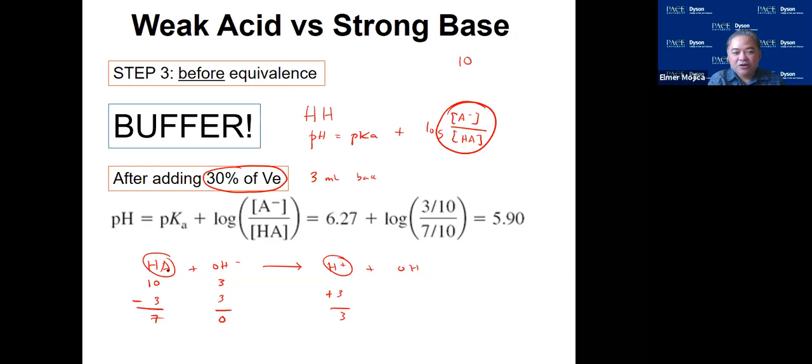Okay? Or we could say this is what? Your A minus. No, this is not an H plus. This should be an A minus. So that's an HA, and this is an A minus plus water. That's my mistake there. So if you're going to look at this, so this is your A minus, that's 3, and this is your HA.